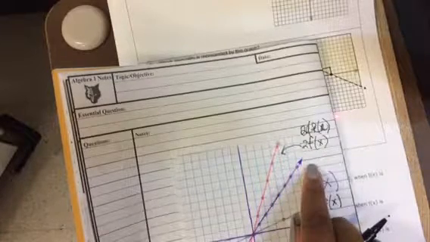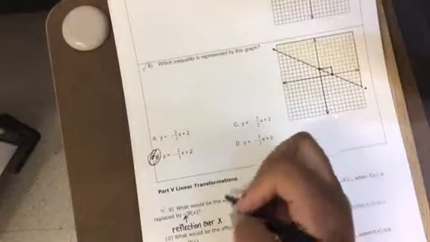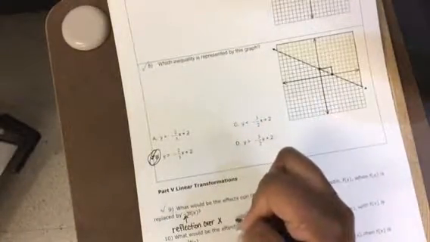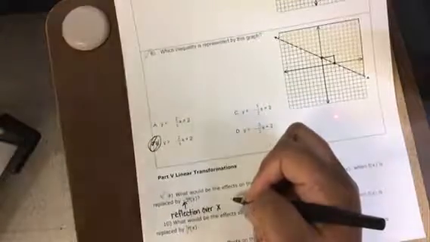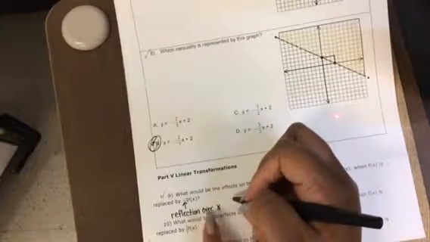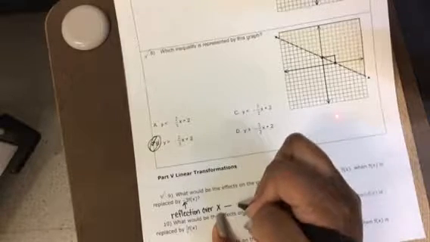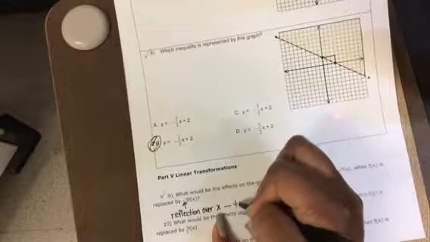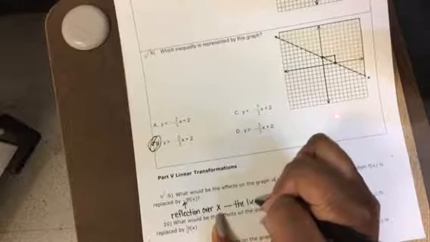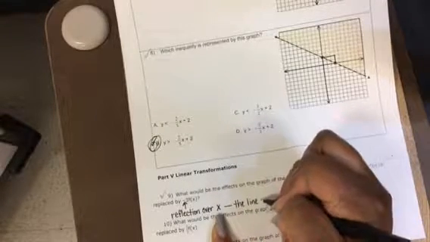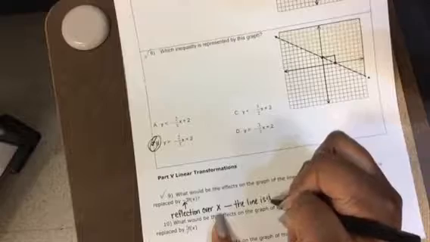Is 2 bigger than 3 or smaller than 3? If you said more steep, you are correct. So the 3 makes the line steeper. So the transformation is a reflection over x as well as the line is steeper.